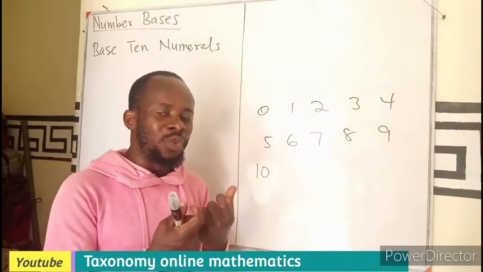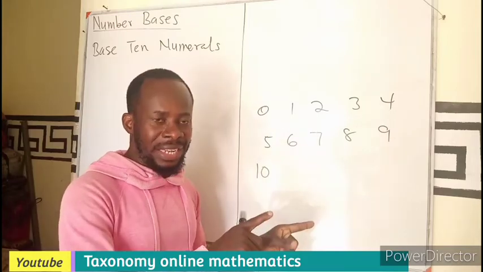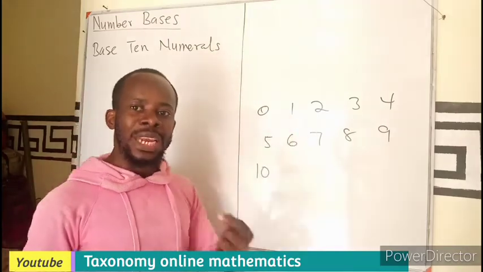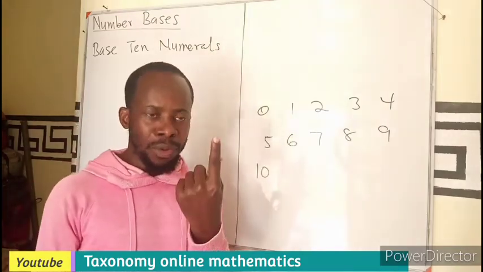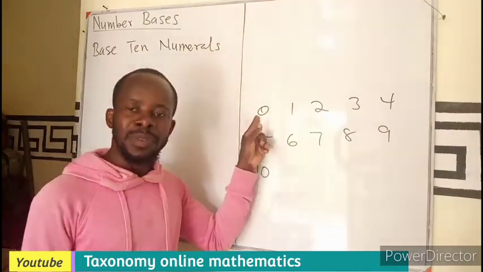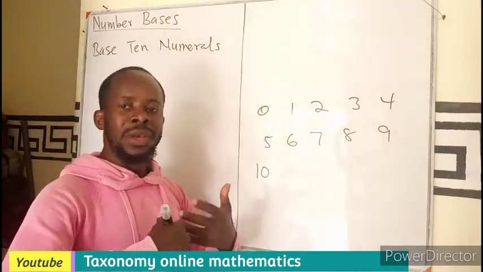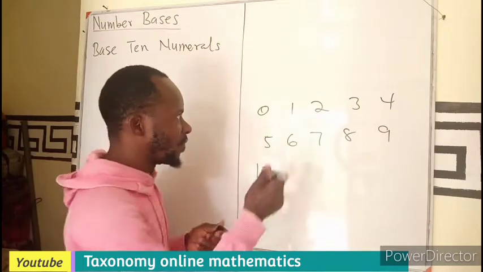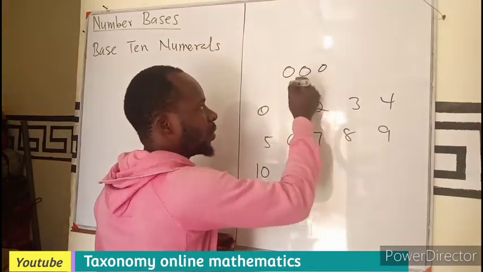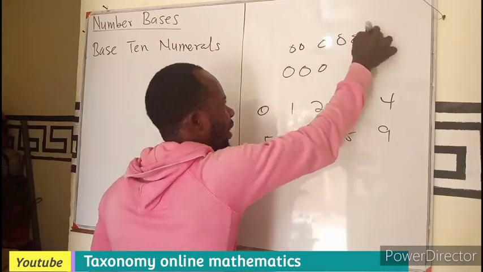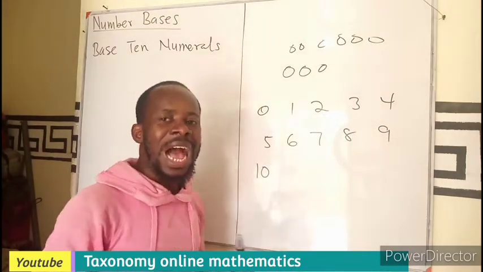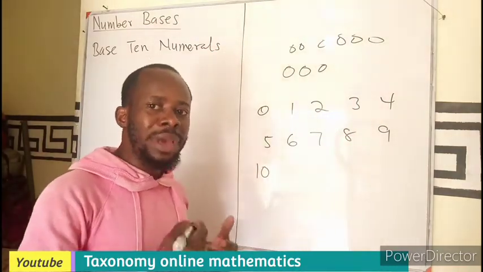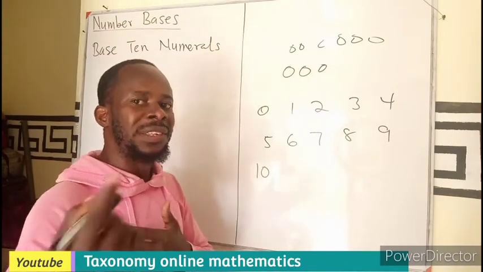That tells us that we cannot have base 1, because if I'm having base 1, I need only one symbol, and that symbol is going to be 0. So no matter how I compile zeros, it will still remain 0. So if I have 0, 0, 0, 0, 0, or doubling it, I have to add 1 to it to make it meaningful, or a different symbol.